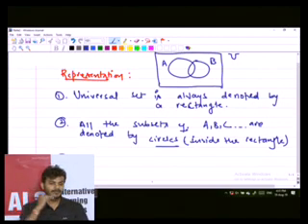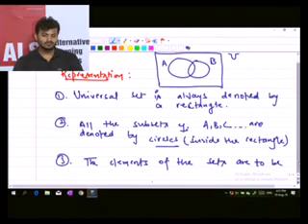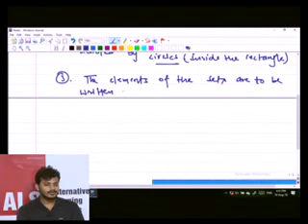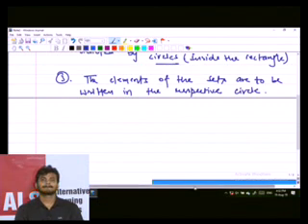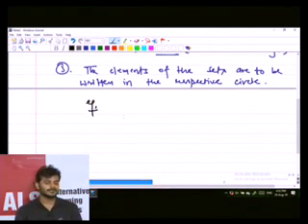First we have seen the rectangle, then we come to the circle, and finally in this circle, the elements of any set are to be written in the respective circle. For example, now you can understand how we are going to represent it.